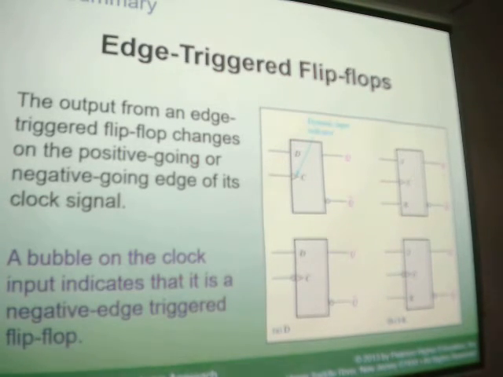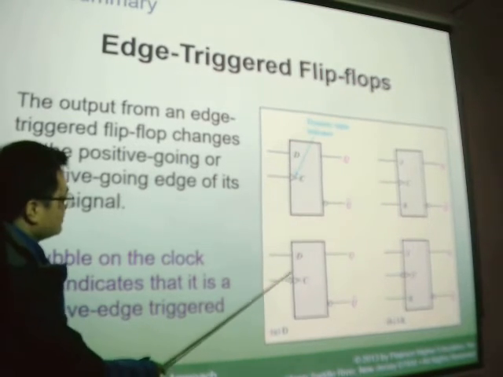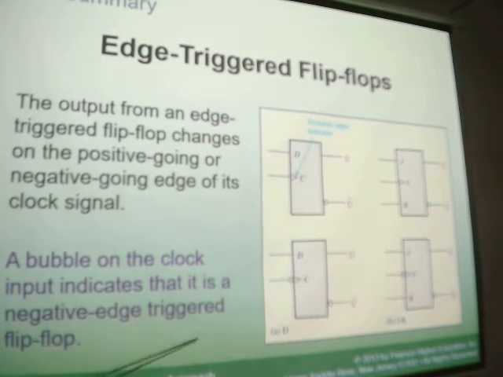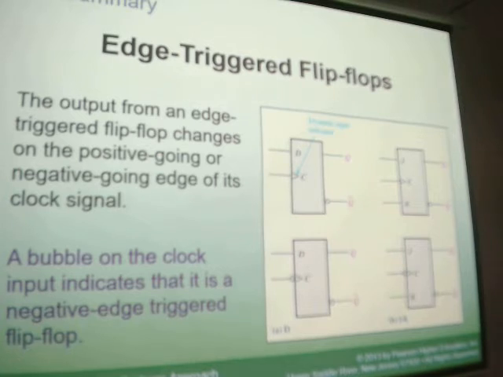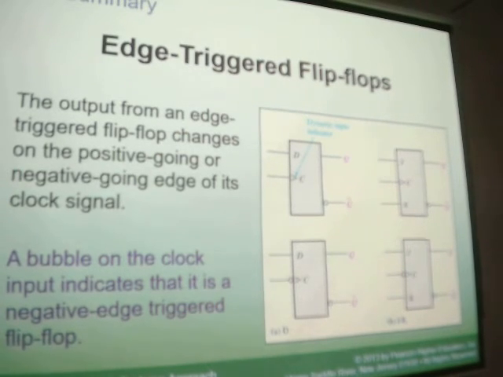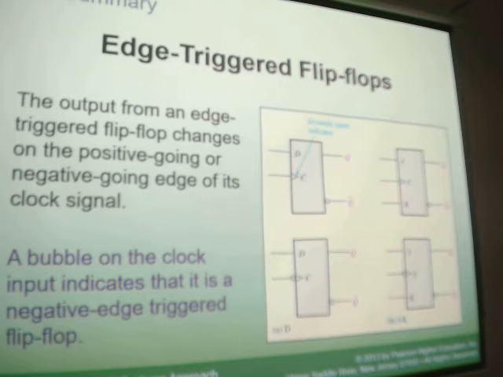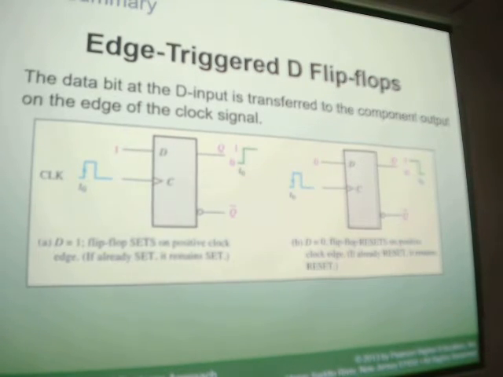A bubble on the clock input indicates that it is a negative edge-triggered flip-flop. This small circle is called a bubble. For a D flip-flop, for example, the D input is transferred to the component output on the edge of the clock signal.